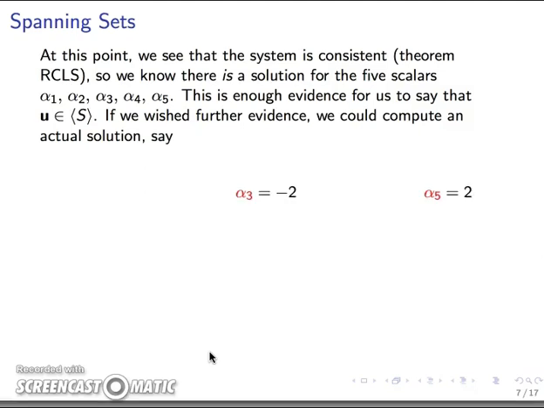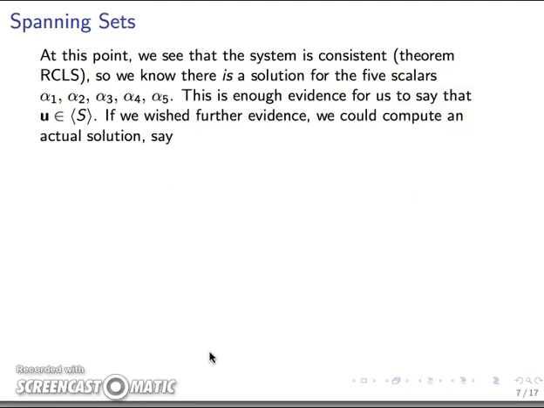And here's a particular example. Remember, there would be 2 free variables given by indices 3 and 5. If you evaluate them at specific values for the sake of an example, we let alpha 3 be minus 2 and alpha 5 be equal to 2. The other values, alpha 1, alpha 2, and alpha 4, are the dependent variables, right?